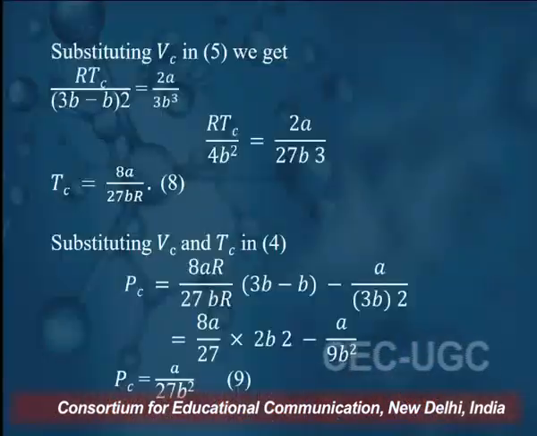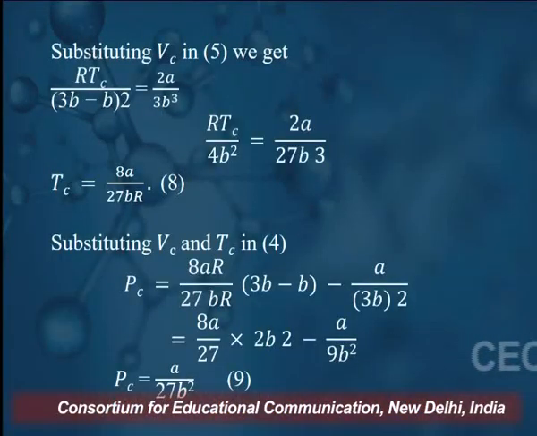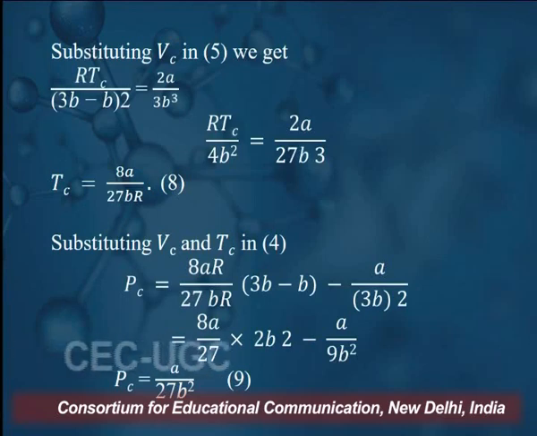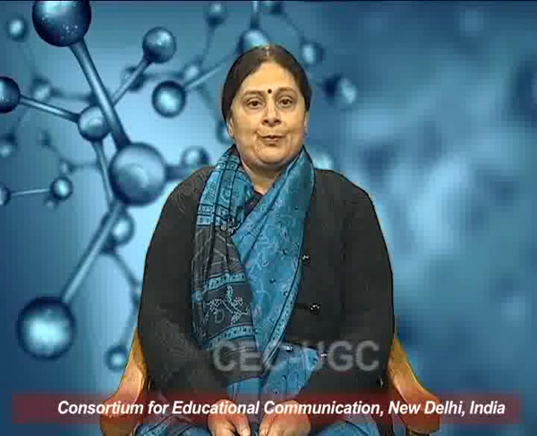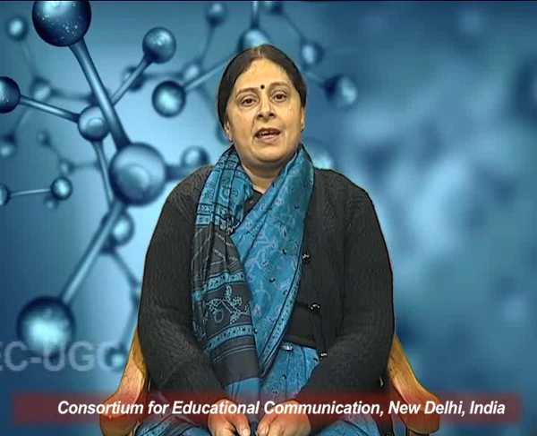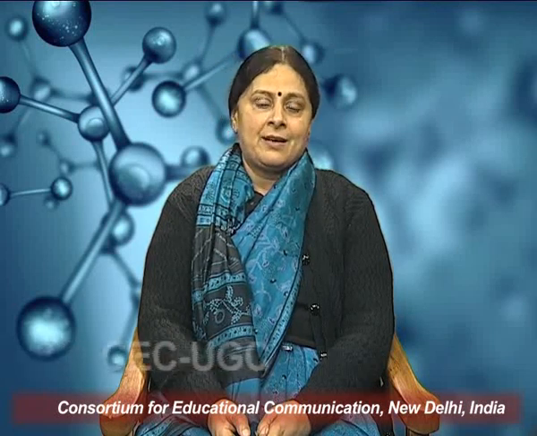Substituting Vc in 5, we get RTc over (3b minus b) whole square is equal to 2a over (3b) cube. If we solve this further, we get Tc is equal to 8a by 27bR.